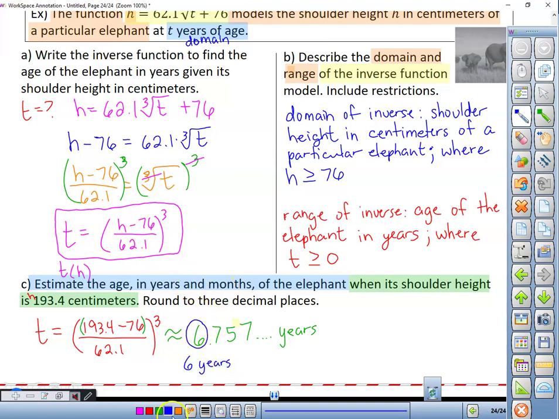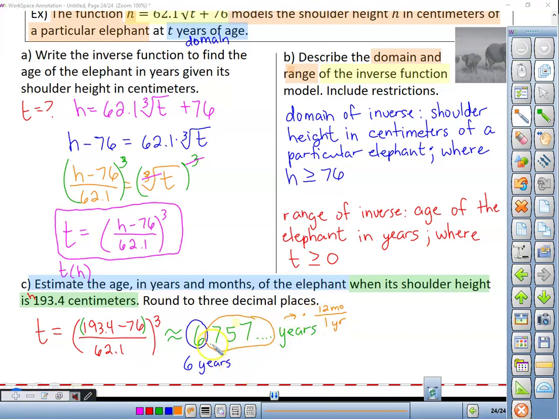For years and months, we need to convert our decimal portion of years into months by multiplying that part times, we want to get rid of years, and we want to turn it into months. We want our months in our numerator. So 12 months in 1 year. So we're going to have to take this times 12.